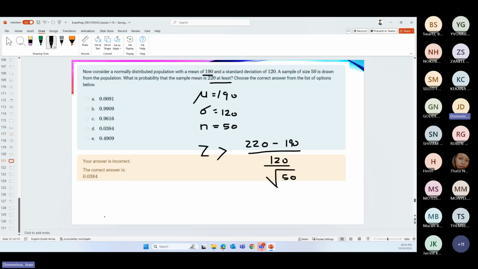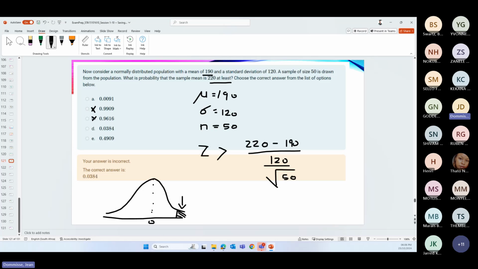So when we draw it, that is always the 0 in the middle. It will be this component. Okay, so already we can see it is going to be something that's less than 0.5. So I automatically will say it's not that one. It's not that one.